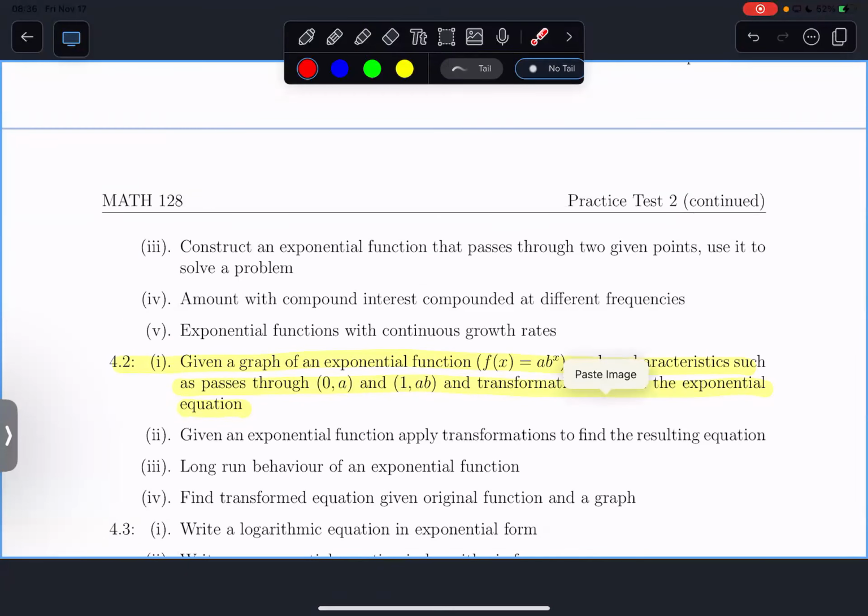Oh, here. This is the one that I was going to do. Construct an exponential function that passes through two given points, and then use it to solve a problem. Then it has to say it follows an exponential curve or something like that.